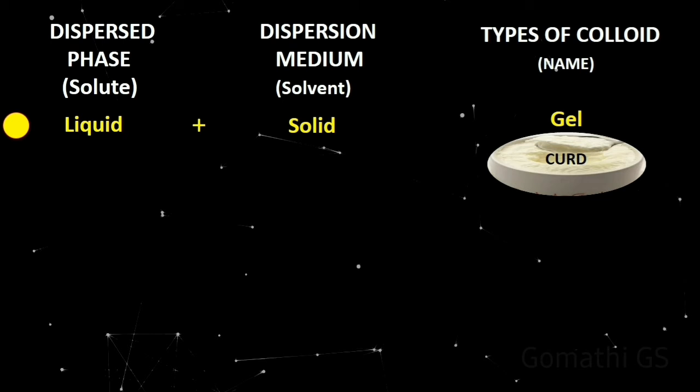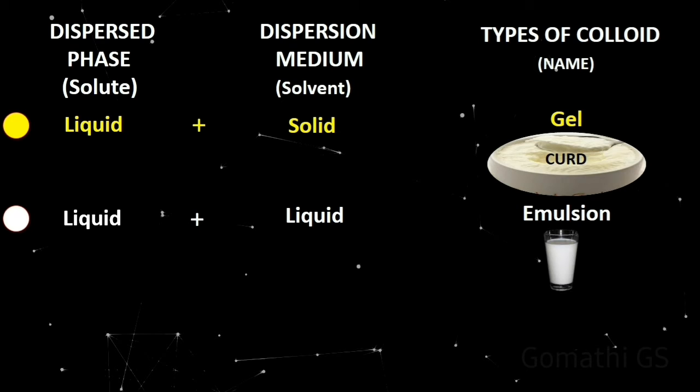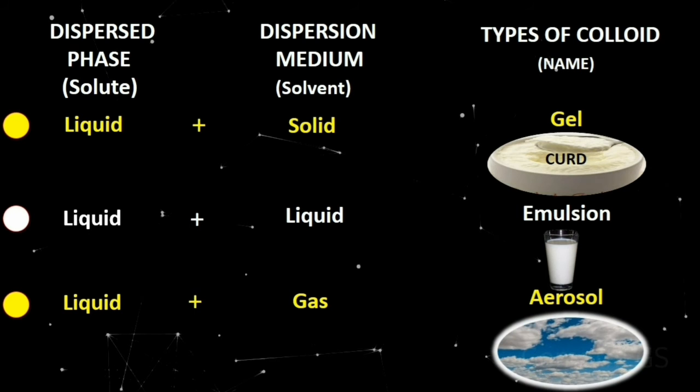Curd, cheese and jelly are the best examples for this gel. Milk, butter, oil and water are formed by the combination of liquid and liquid, and the colloid is called emulsion. Liquid and gas combine together to form a colloid called aerosol. Milk, fog are the best examples for aerosol.